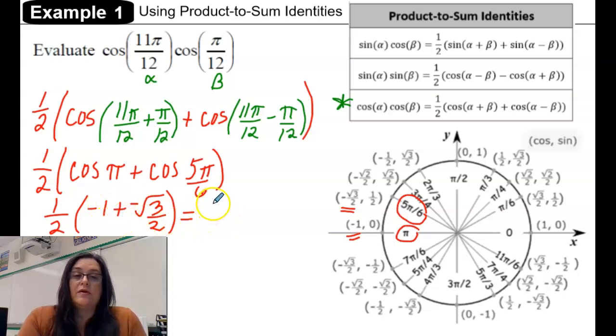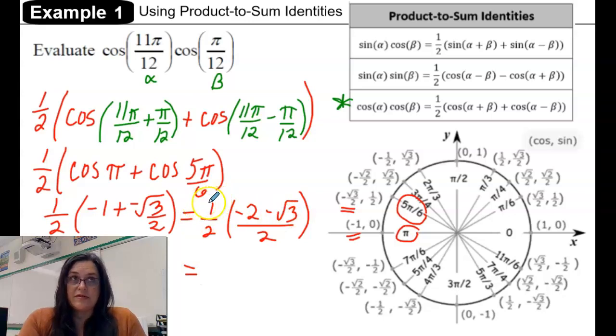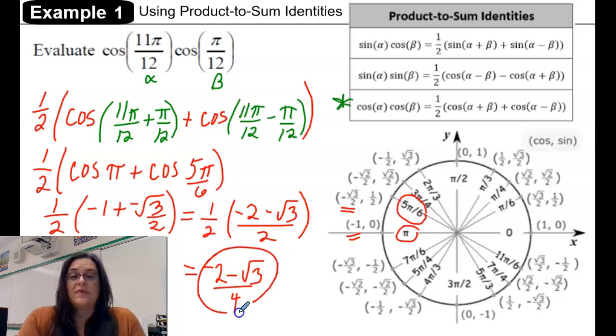So in the numerator of our fraction, we'll have -2 minus square root of 3 over our common denominator of 2. And now, multiplying fractions, we multiply straight across the numerator, straight across the denominator, and we get -2 minus square root of 3, all divided by 4. And that would be the exact value of the cosine of 11 pi over 12 times the cosine of pi over 12.